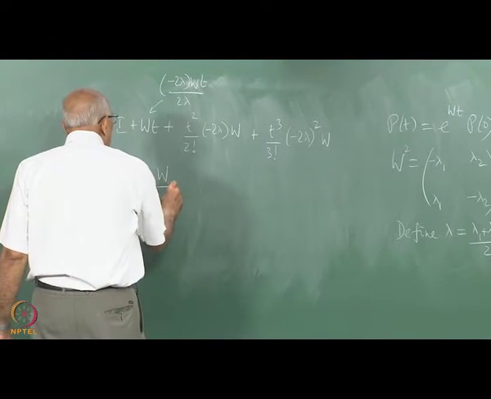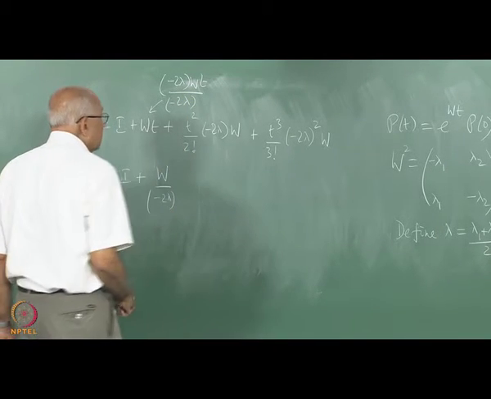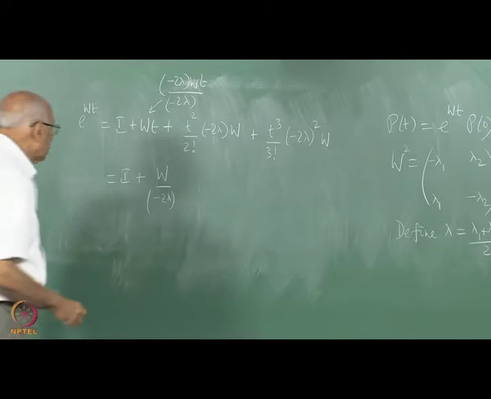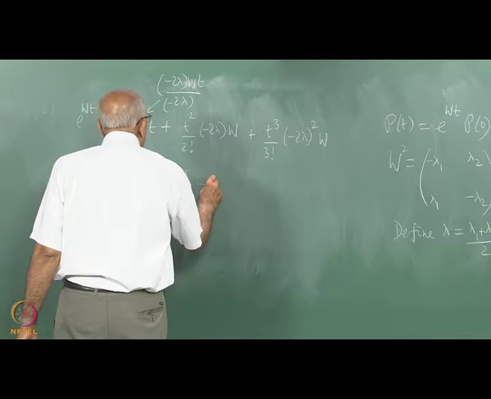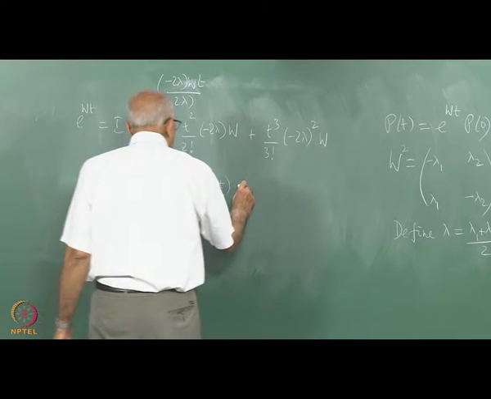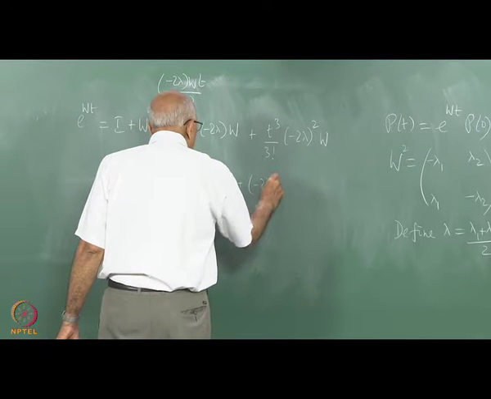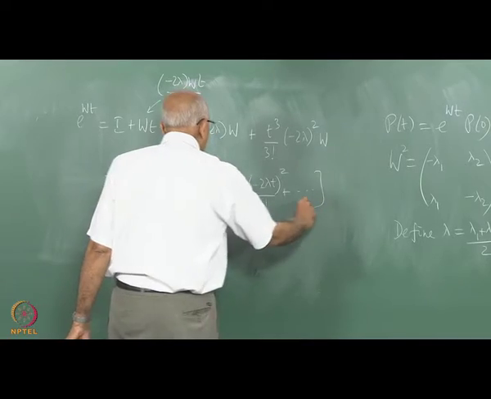So this becomes over minus 2 lambda. Take out a minus 2 lambda in this fashion, and then inside I have minus 2 lambda t plus minus 2 lambda t whole squared over 2 factorial plus dot dot dot.